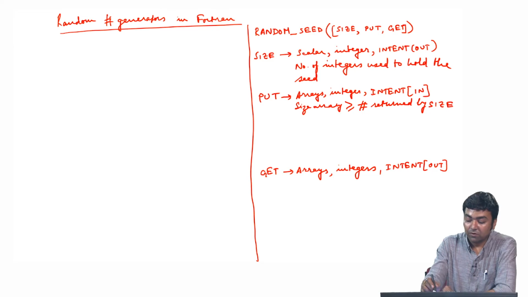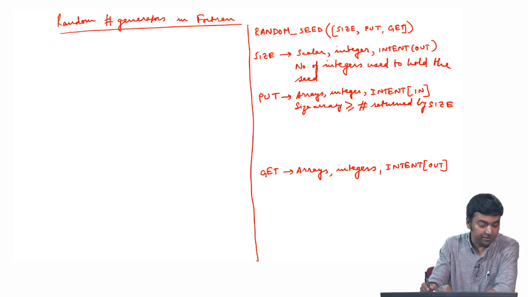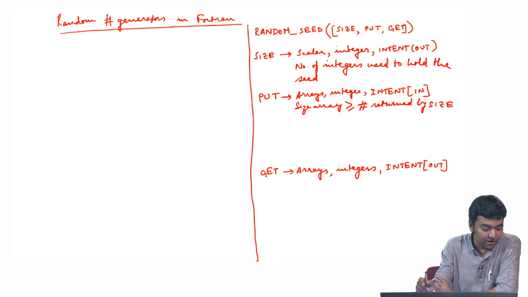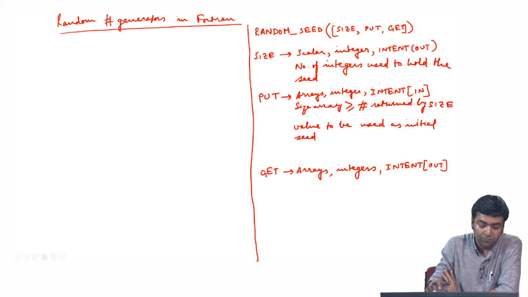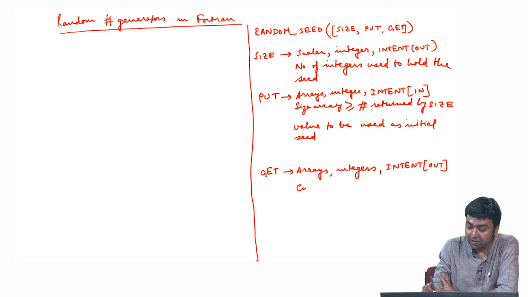Same is also true for the get case. What you need to put in here is the value to be used as the initial seed, while get will give you the current value of the seed.